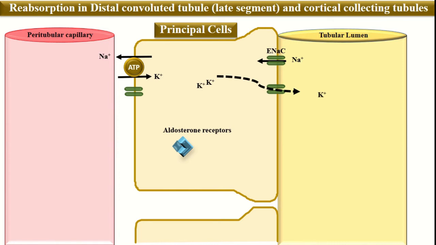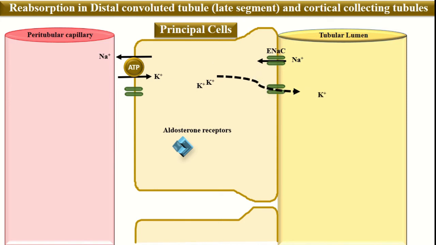So which new proteins are formed? These are the proteins: the epithelial sodium channels, the potassium channels, and this transporter. So aldosterone is going to increase synthesis of all these proteins. When these proteins are formed, they are going to be embedded into the basal and apical membranes. When more of these proteins are located over there, they are going to cause more reabsorption of sodium and more secretion of potassium.